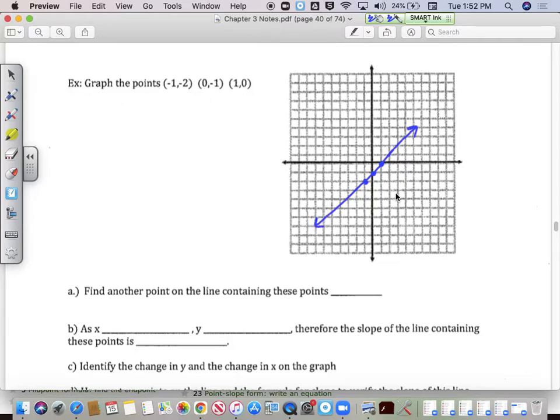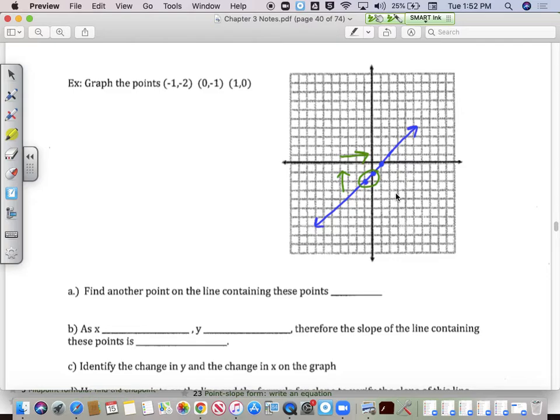Looking at this change, let's just look from here to here, from this first point to the second point. The steepness is how far it goes up versus how far it goes over. So looking at this, that will help us determine the slope.